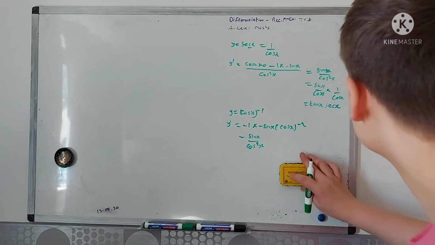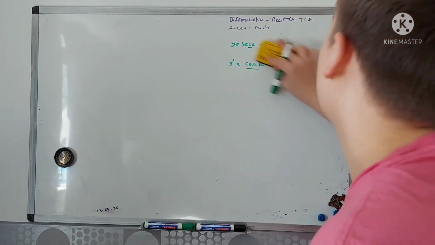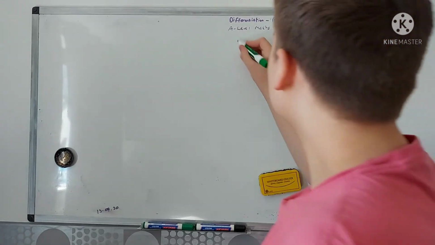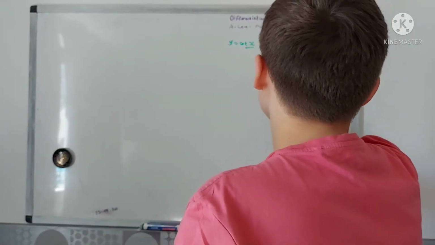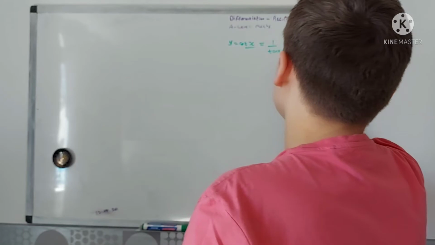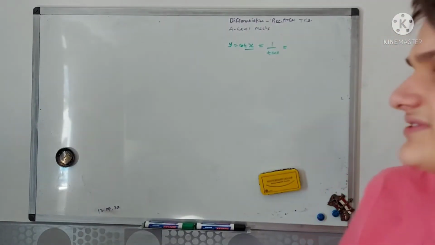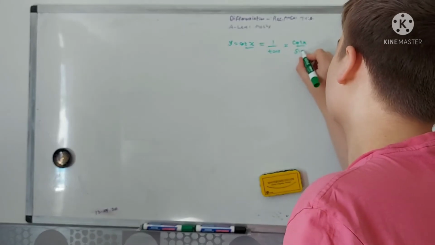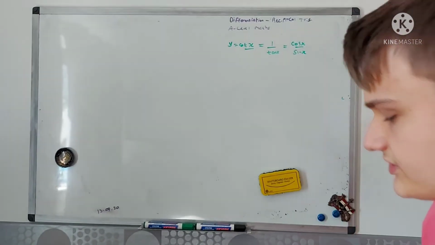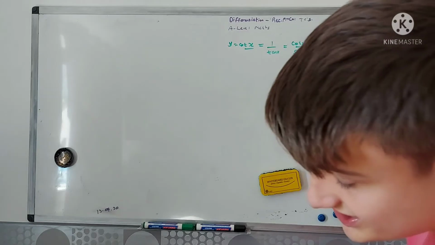Shall we do cot? Might as well do cot while we're at it. So cot x, what is cot using our third letter rule knowledge? Again, that's 1 over tan x. Well, if you don't know what the derivative of tan is, that's totally fine, because 1 over tan is the same as cosine x over sine x, using your trig identity. So we can then differentiate it either way.